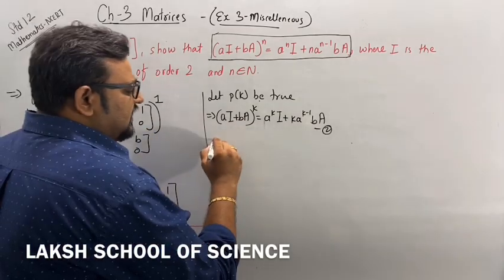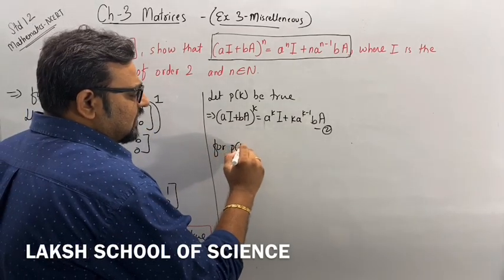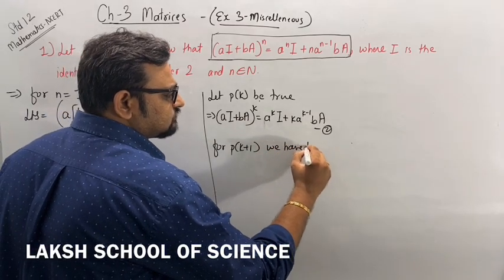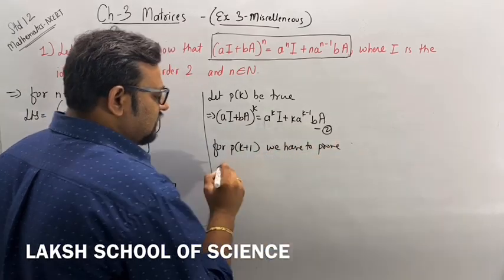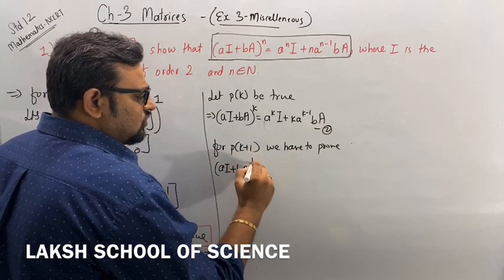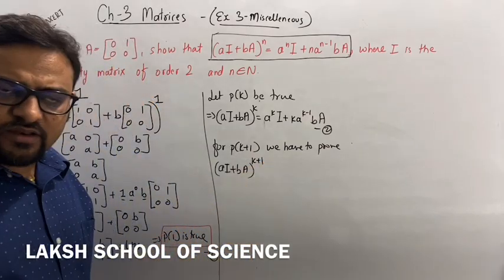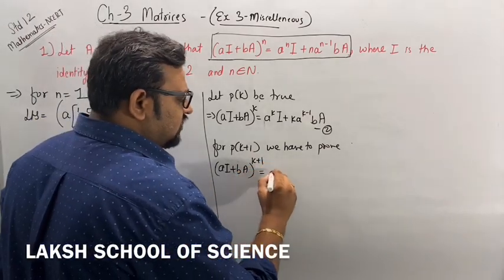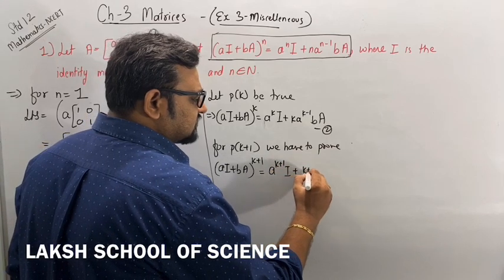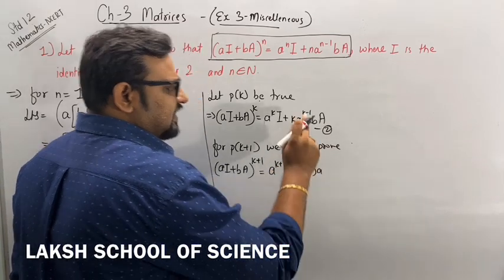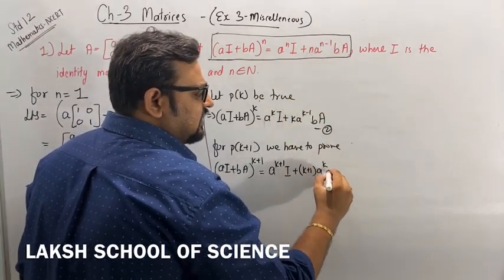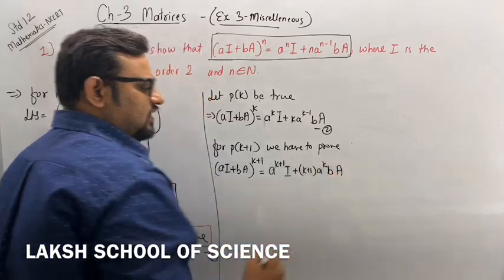Now, for P of k plus 1, what do we need to prove? (AI + BA) raised to k plus 1 equals A raised to k plus 1 I plus k plus 1 A raised to k plus 1 minus 1 BA.